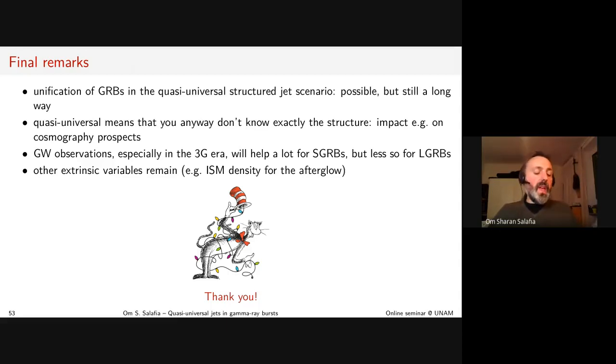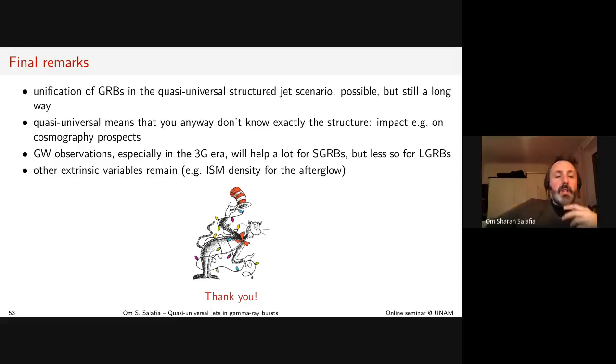If they had exactly the same structure, then with an independent measurement of the redshift you could figure out the viewing angle, or with an independent measurement of the viewing angle you could figure out the redshift.